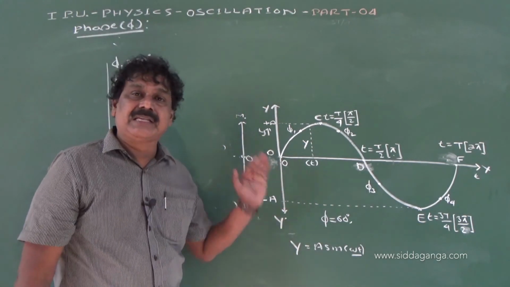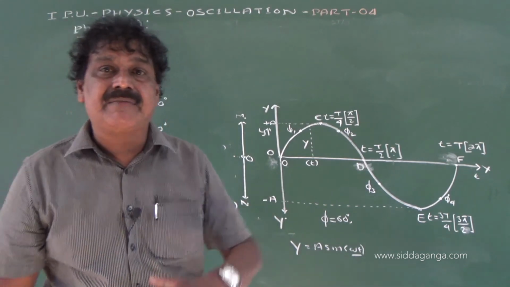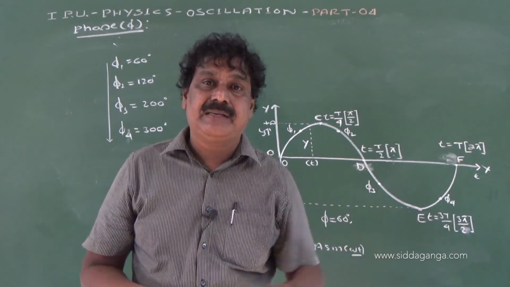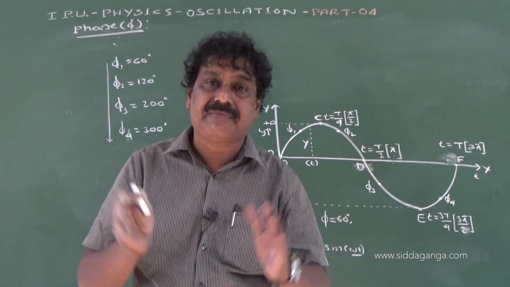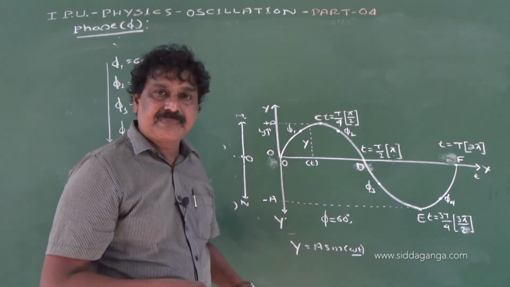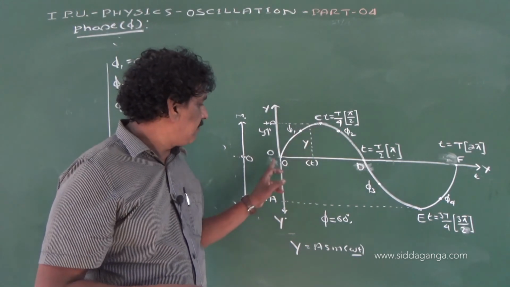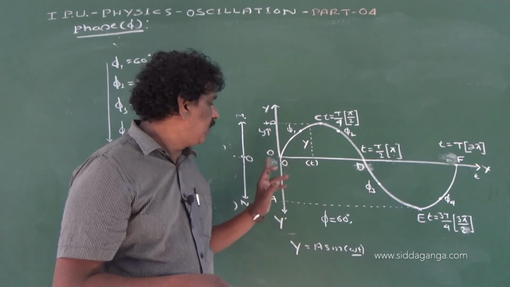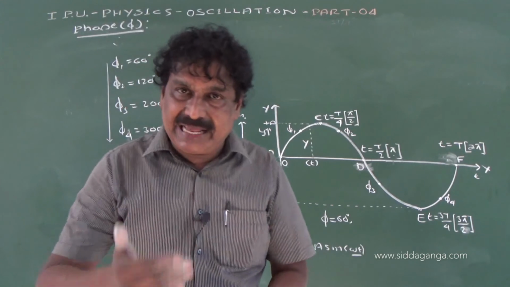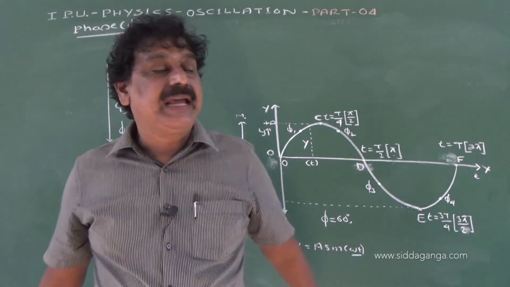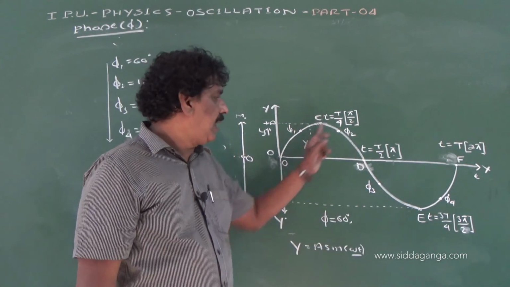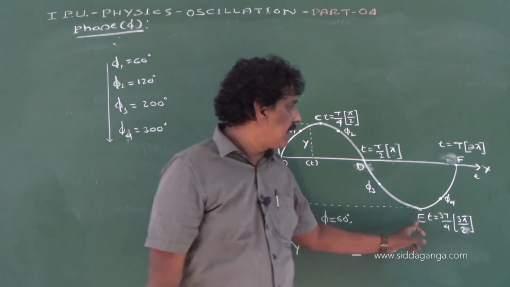Now this phase is a very important term when we are studying waves, where we continue this phase with another important thing, that is the phase difference. Here the phase difference between O and C is the phase of C minus the phase of O. Pi by 2 minus 0, that is equal to pi by 2. Here onwards we will express the phase in terms of fractions of 2 pi, that is 0, pi by 2, pi, 3 pi by 2, 2 pi.